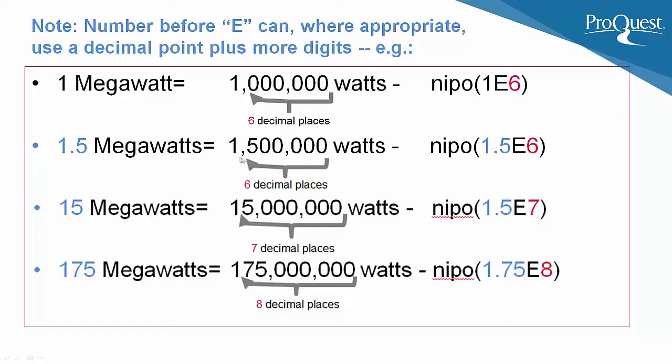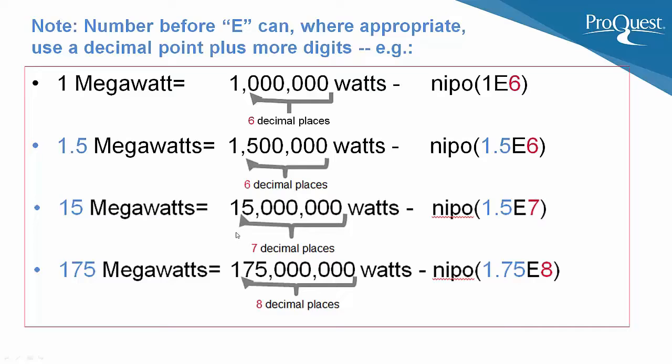The number to the left of the E is always going to be less than 10. So in this case, it's 1.5. And if the point is here, how far over do you have to move it to get to 1.5 megawatts? Well, it's 6 decimal places. And so what that's going to look like in exponential format is 1.5E6.